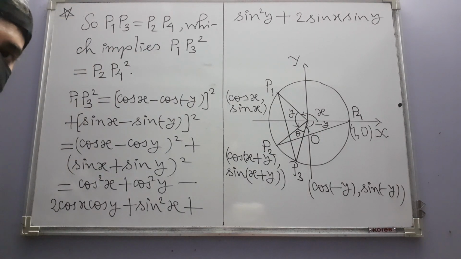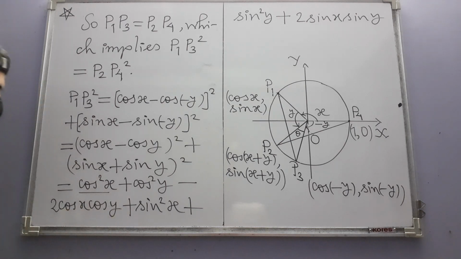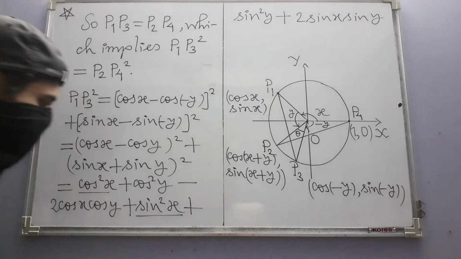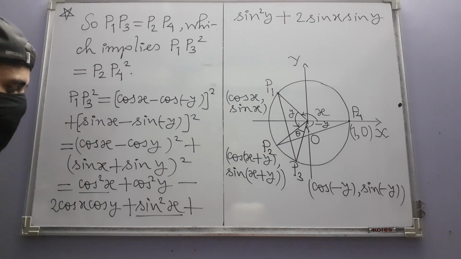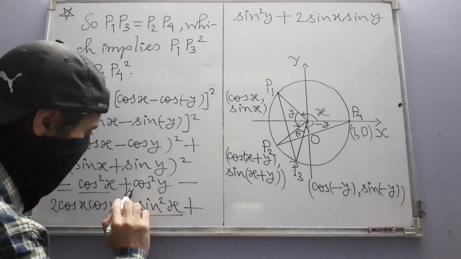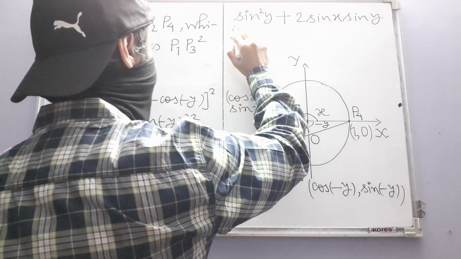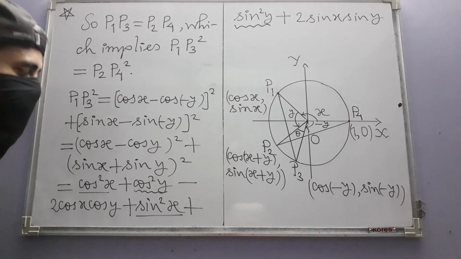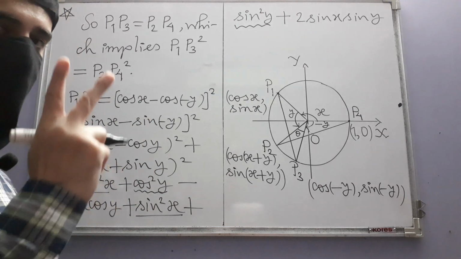Now let us group the terms so that we can simplify the expression. Cos square x plus sin square x, they give us 1. And that is something we already know, okay. Similarly, cos square y and sin square y give us another 1. So these two ones give us 2.